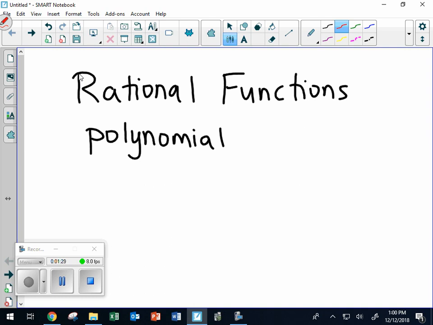X squared plus 3x plus. Great, that's a polynomial. Another polynomial, that's another polynomial.